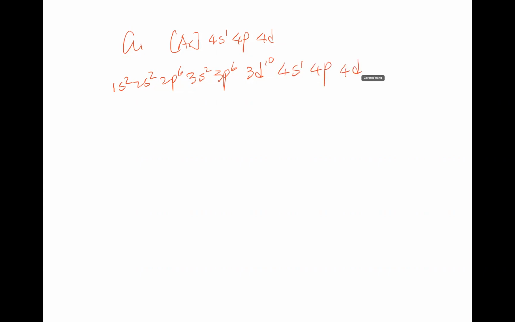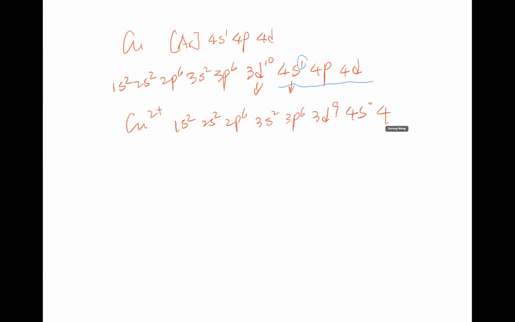Notice that in the fourth layer there is only one electron. For copper to form copper two, it requires losing this electron, plus losing one more electron. That one has the configuration 1s2, 2s2, 2p6, 3s2, 3p6, 3d9.